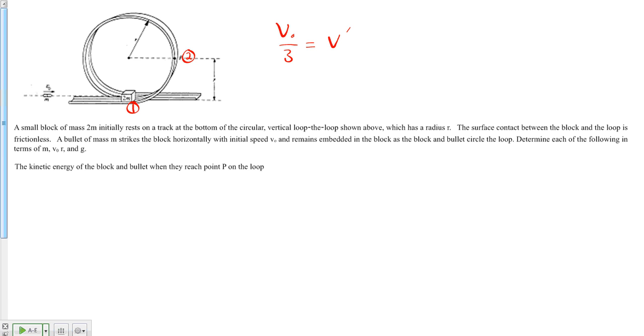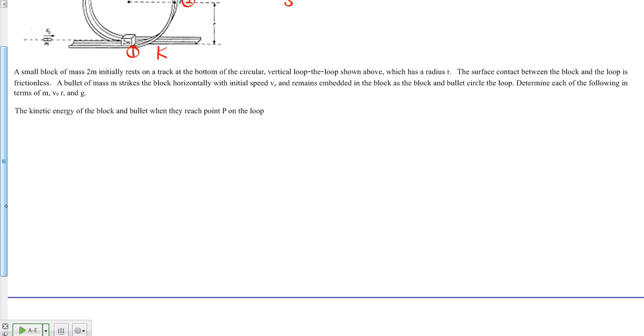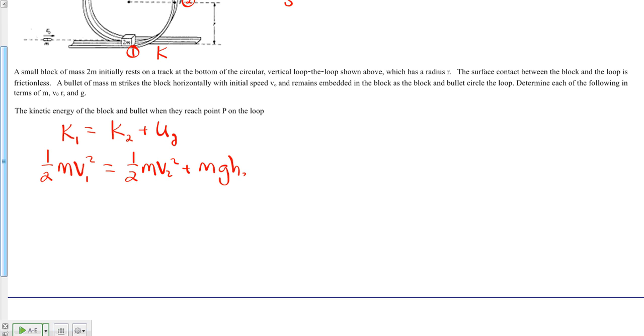Identify the types of energy. What type of energy at position 1? Kinetic. Type or types of energy at position 2? Kinetic and gravitational potential. So, we set up our conservation of energy equation. One half m v1 squared equals 1/2 m v2 squared plus mgh at point 2.